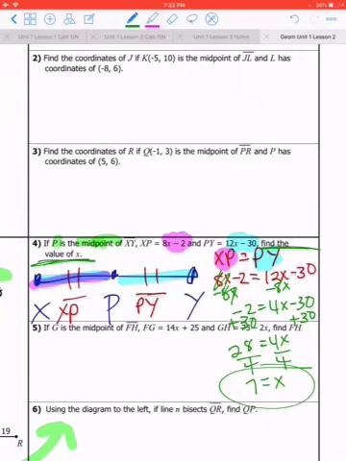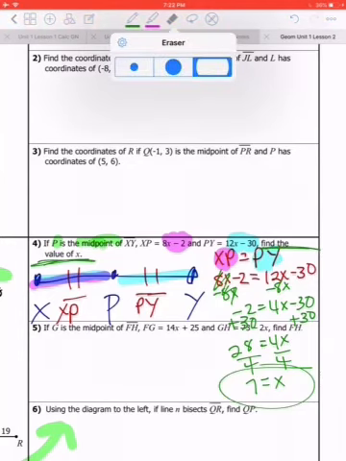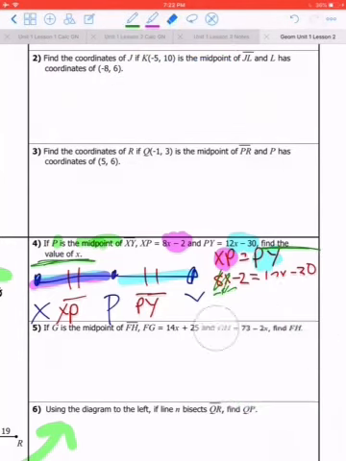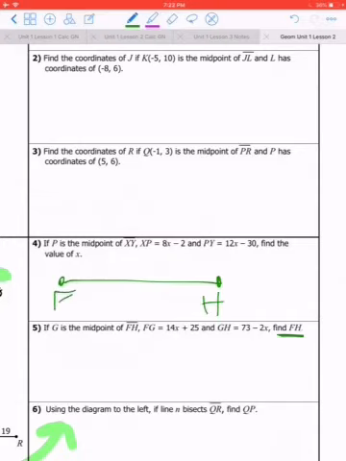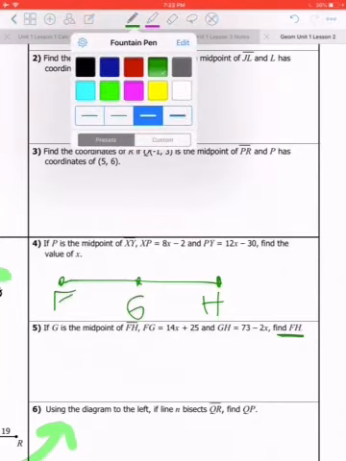Okay, and as a matter of fact, number 5 does not ask you to find x. So when you're done with 5, you have to read the question again. It says to find FH. Okay, so let's draw a little diagram above. If G is the midpoint of FH, then G is in the middle, okay? And then on either side they're equal.